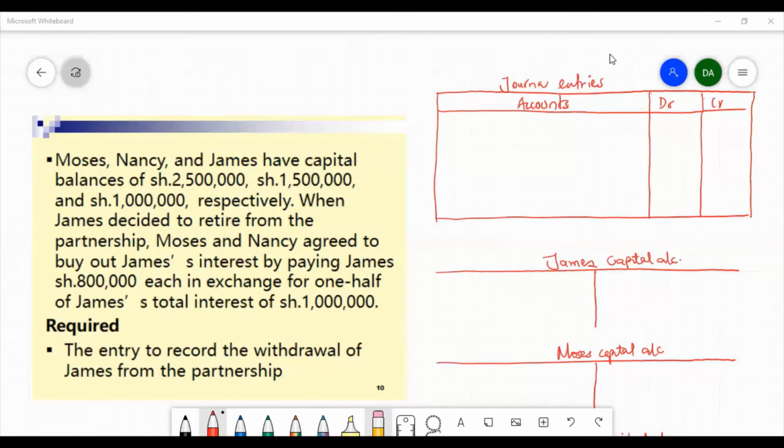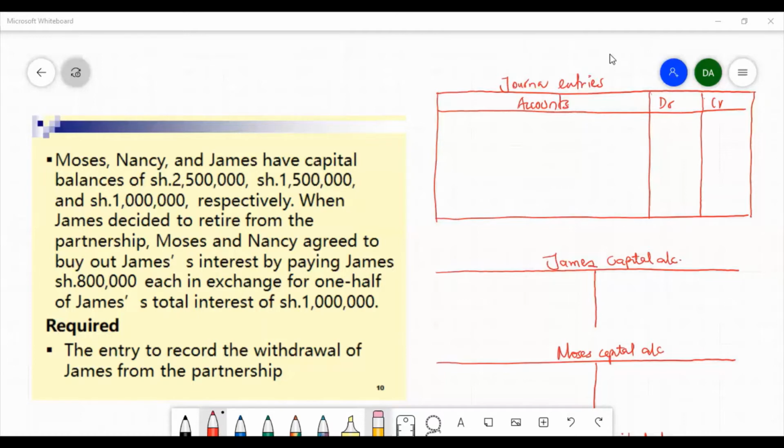Again, you understand that we say that there are two situations. The first situation is where the partners compensate the retiring partner out of their own assets. And this is a classic example of such a situation, where these partners have agreed to compensate the retiring partner outside the business with their own assets, without using the assets of the partnership.